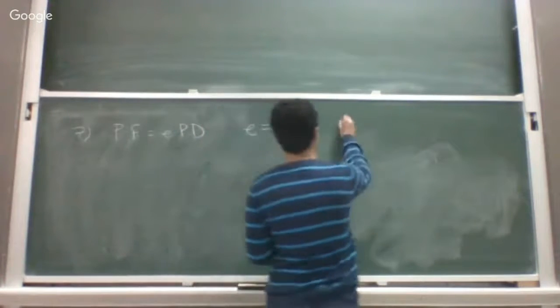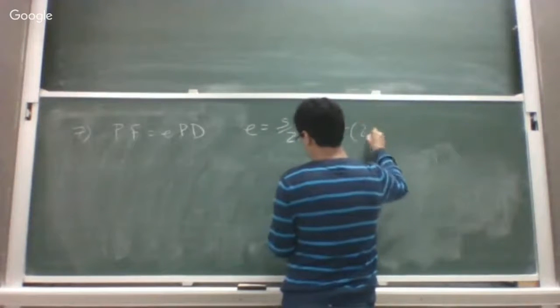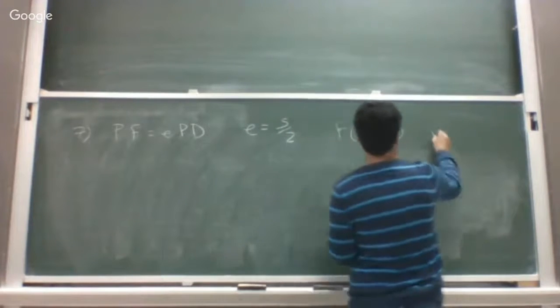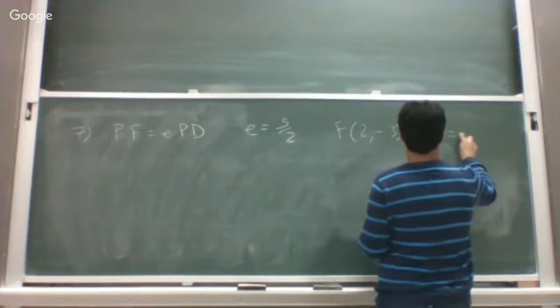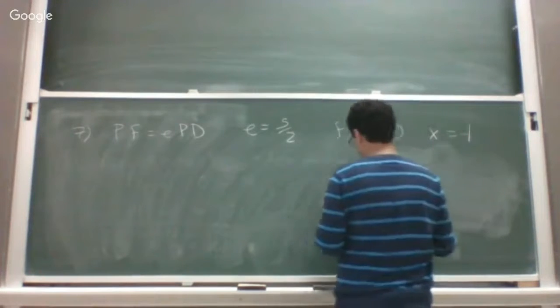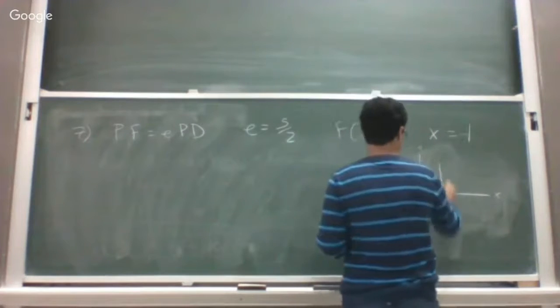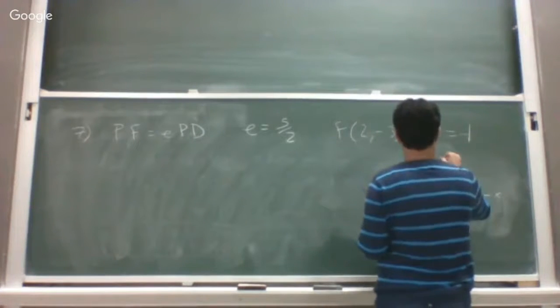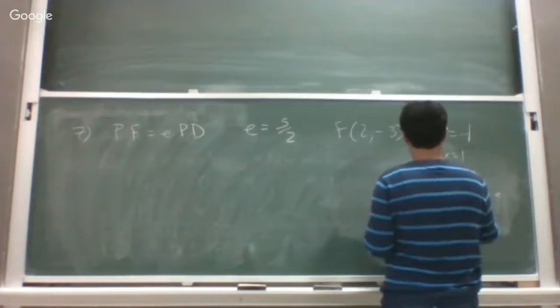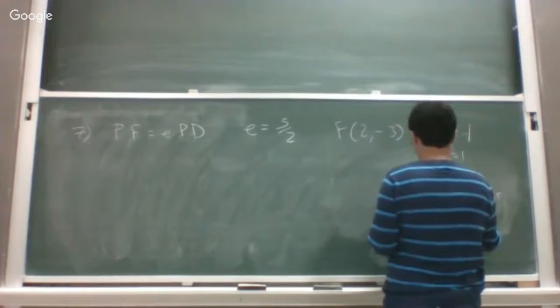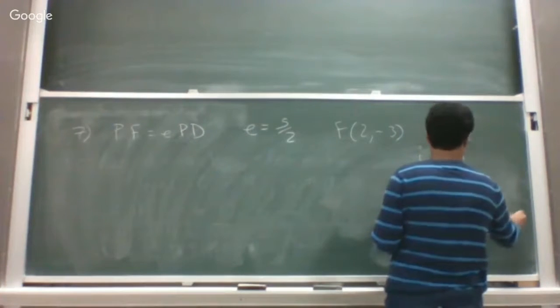And it tells you that one of the foci is (2, -3), and the directrix is x equals 1. So if you were to graph this, this is our directrix. Our focus is (2, -3).